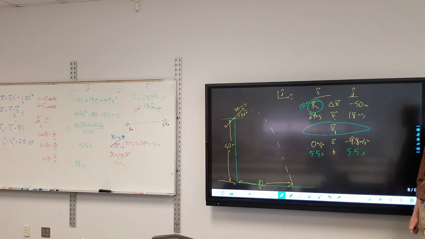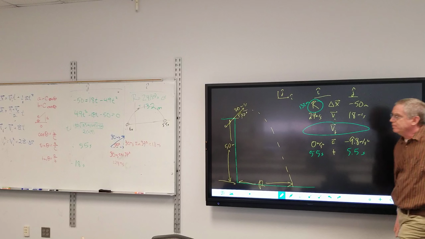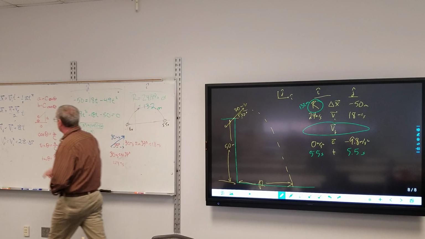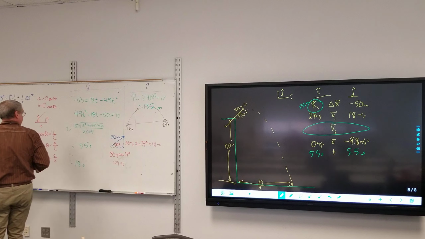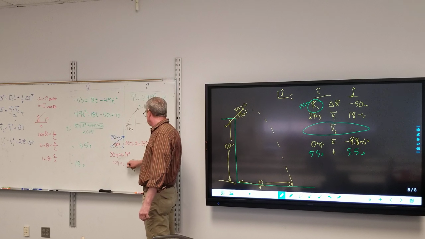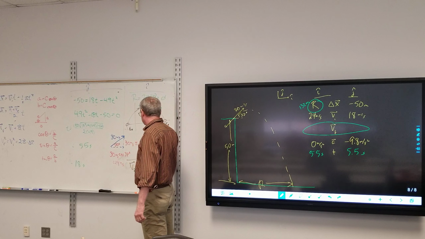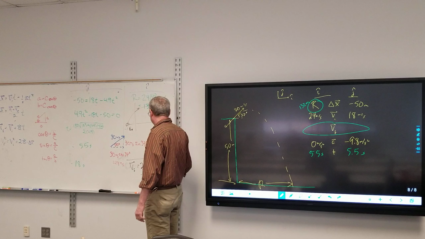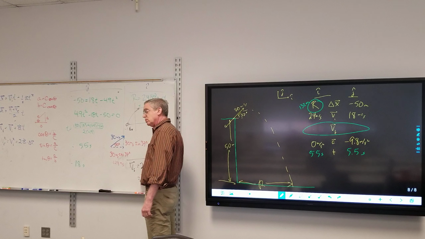Initial plus acceleration times time. All right. So Kelly suggested we use this one right here. So let's do i hat first. So my final velocity in the i hat direction is equal to 24 plus 0 times 5.5.